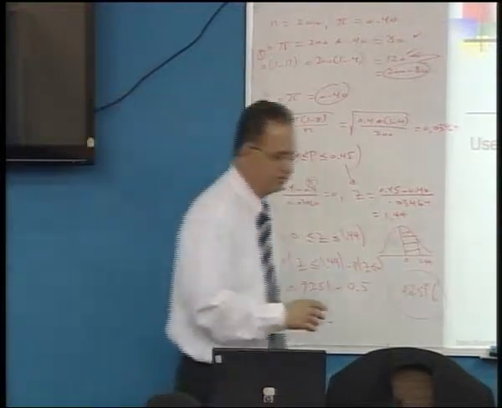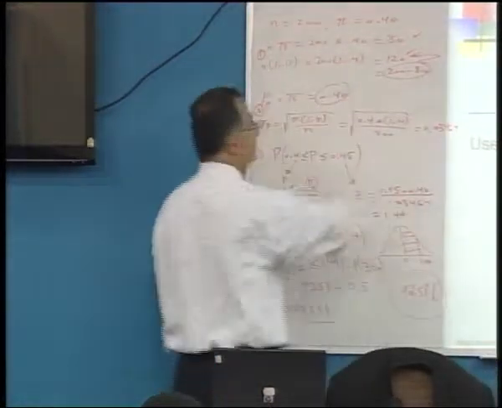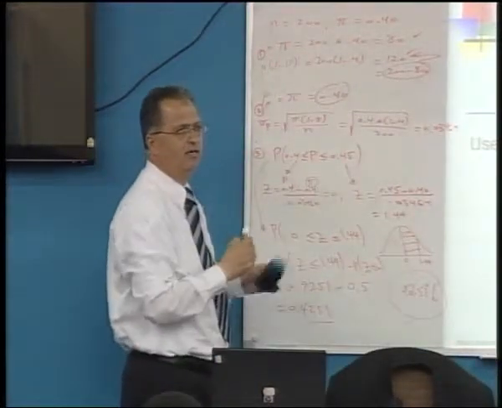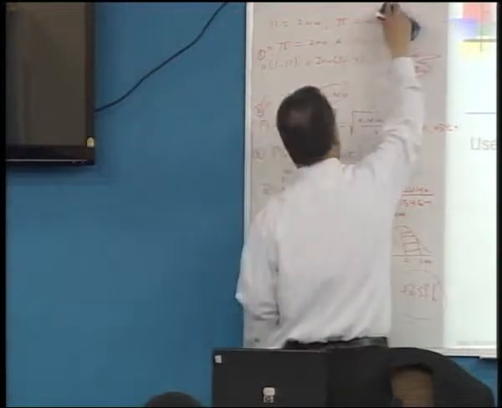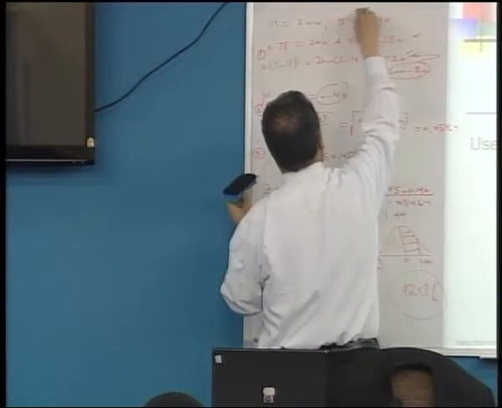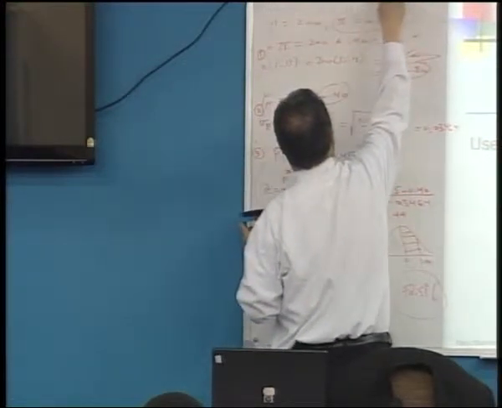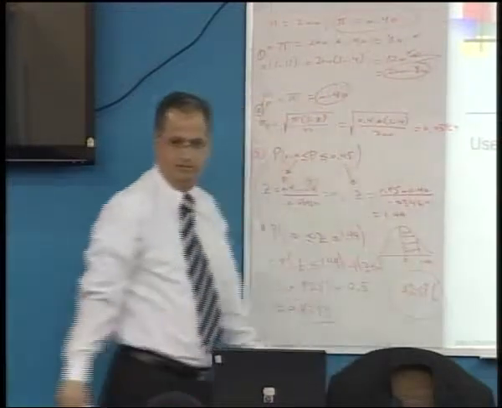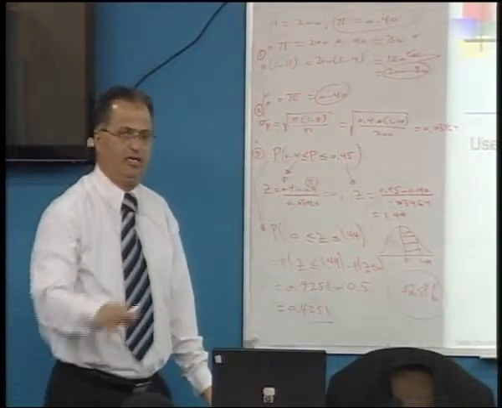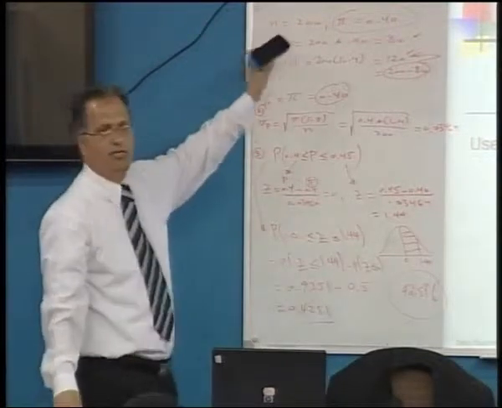For example, suppose n equals 200, but pi is 1%.